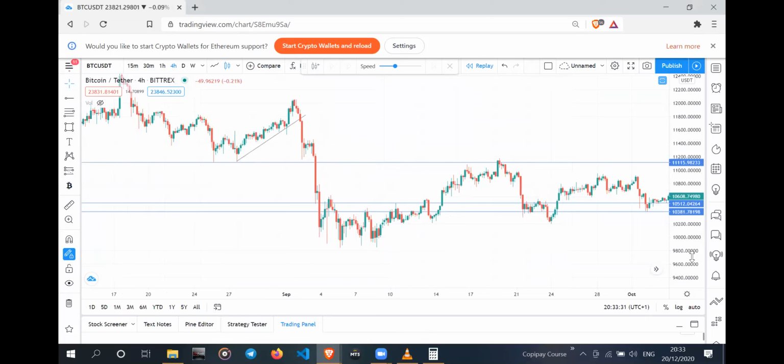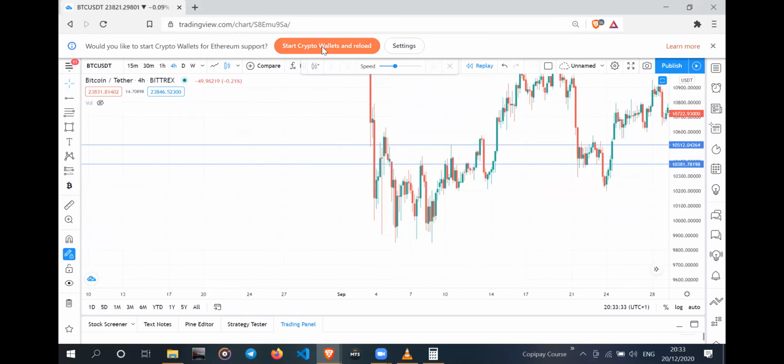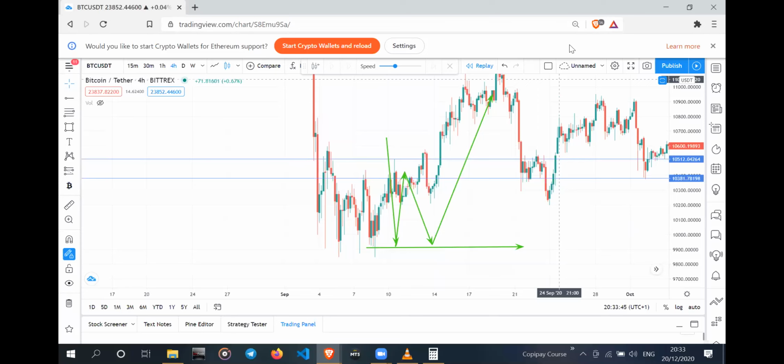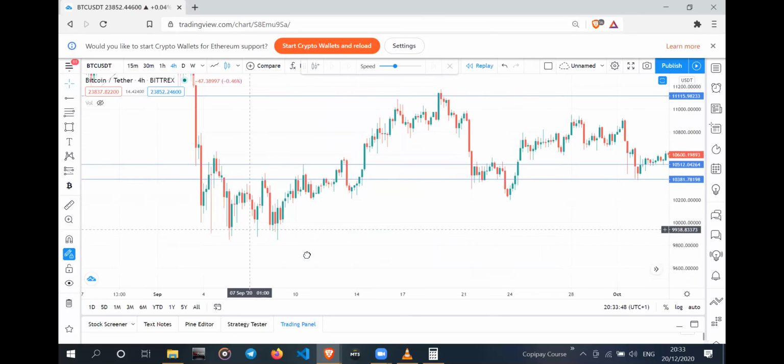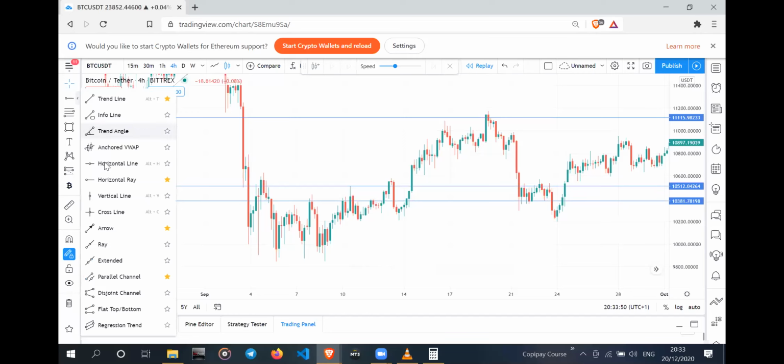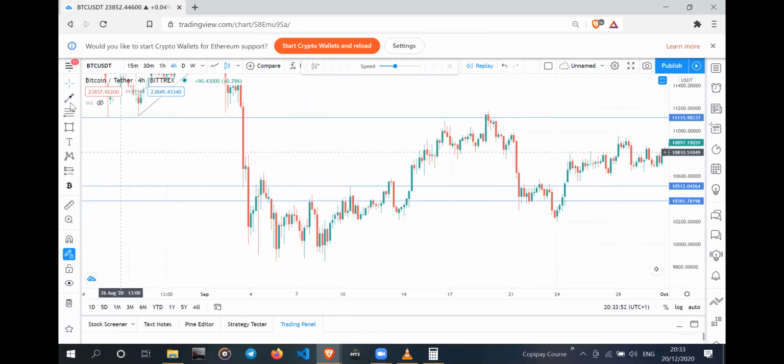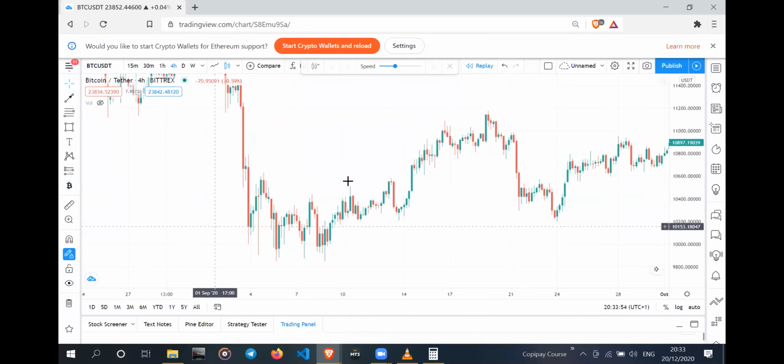Yeah, so while we're here on the 4-hour time frame, what do we see over here? We see equal lows. What you call here a double bottom. So where's our neckline? We could safely say this is our neckline. Let me just clear the charts.